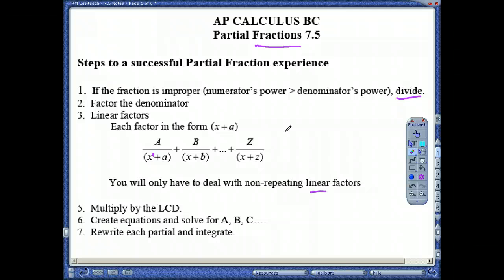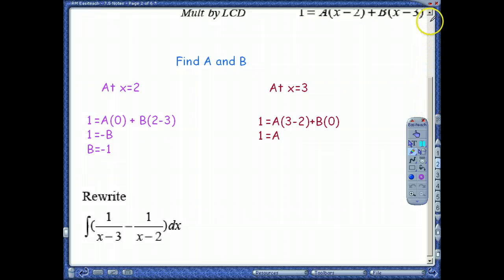So we're pulling the fraction apart, but we've got to figure out what the numerator used to be before it all canceled. Then you're going to rewrite each partial fraction, and you're going to integrate. Note, you're going to have something over x, so you're going to have a lot of natural logs in your future. So let's look at the first example to see exactly what this is going to look like.